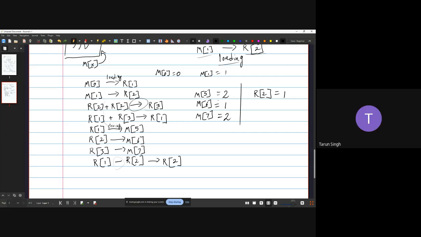So it will be 2. Now the value of R1 will be 2. Okay. And after that, we are just storing them into some memory locations. And yeah, so in the end, it's 2 minus R2, which is 1. So we get 1, which is the same value as before. Okay, got it. Anyone else, any doubts?